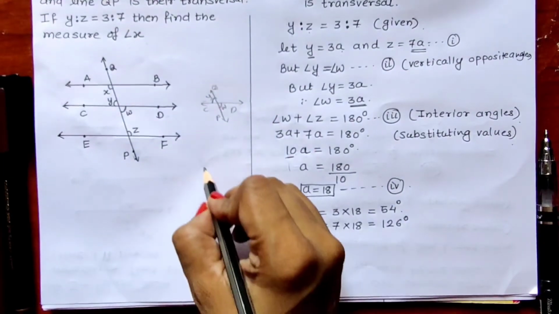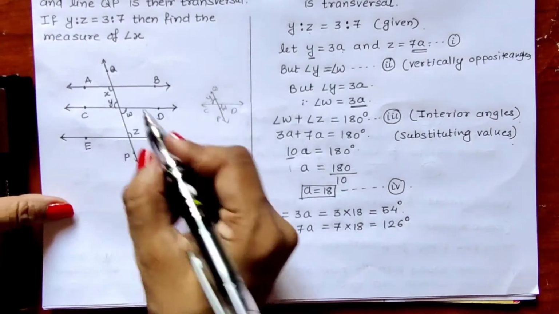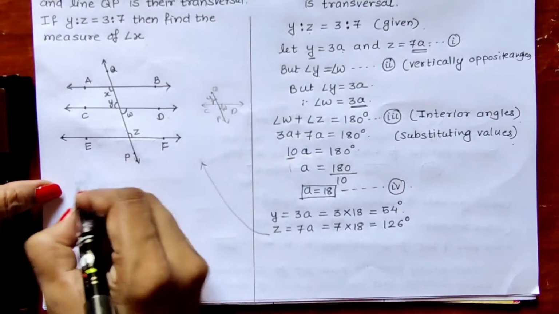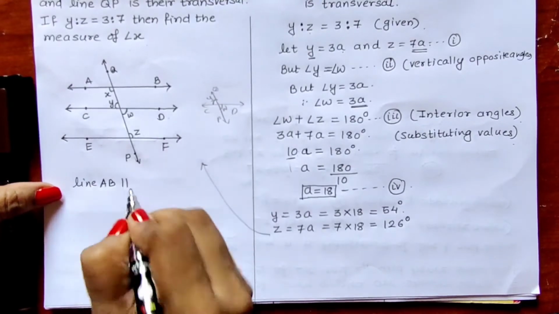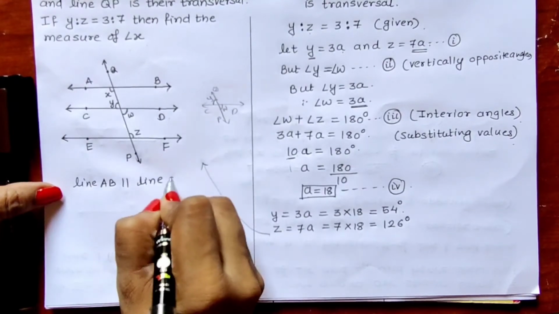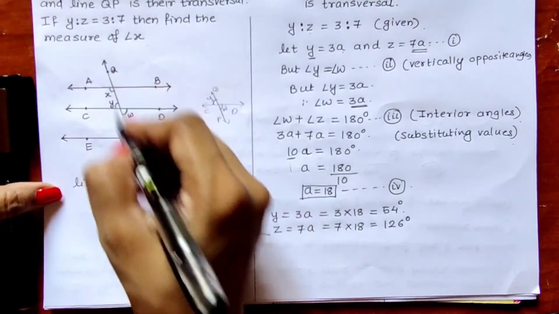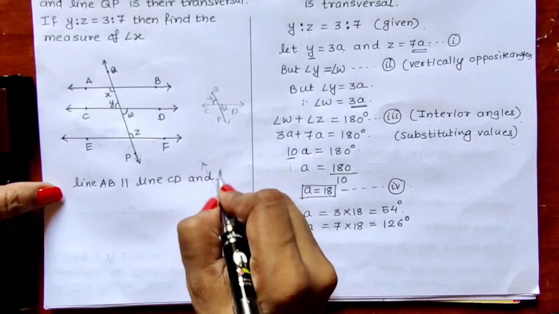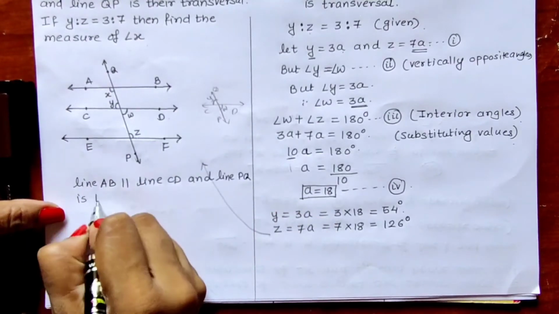From here we will continue on this side. So we will be writing these two lines parallel. Line AB parallel line CD. And which line is the transversal? Line PQ is transversal.